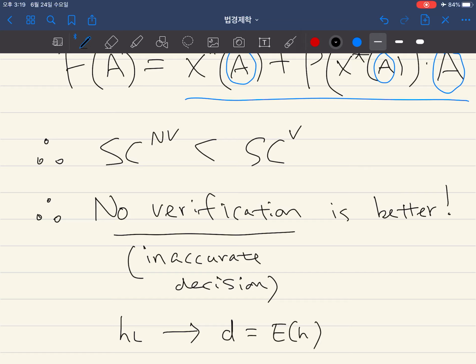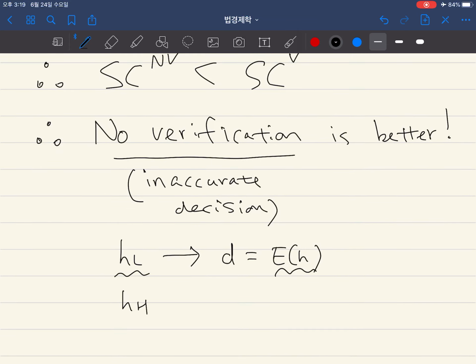So in this case, average harm is bigger than HL. So the court's decision is inaccurate, and the defendant is paying more than the harm he inflicted on the plaintiff.